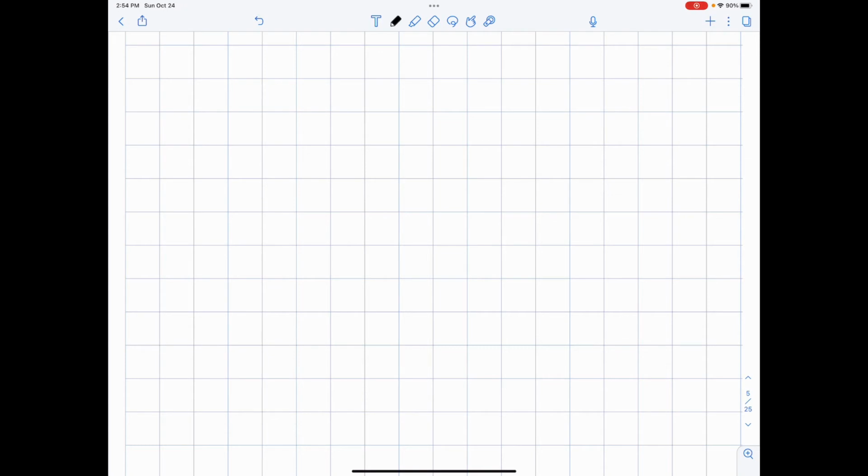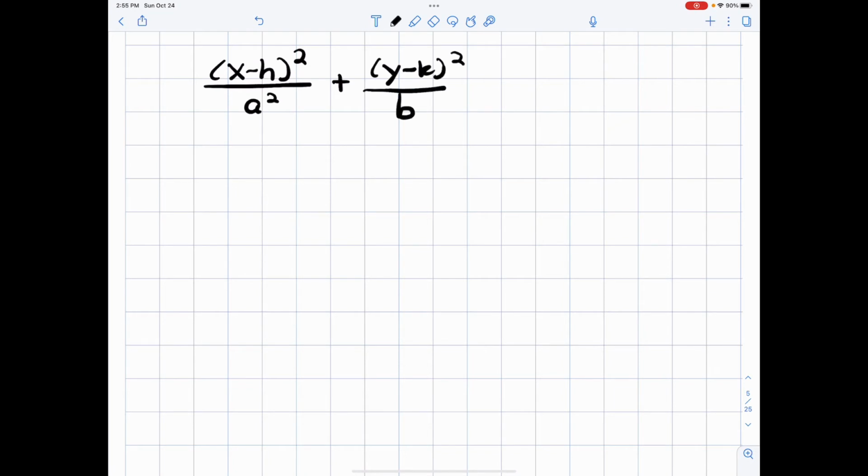Our ellipses are very similar. If you have x minus h squared over a squared plus y minus k squared over b squared equals 1, then you have an ellipse with the center at (h, k).